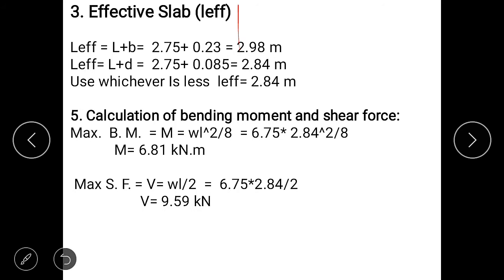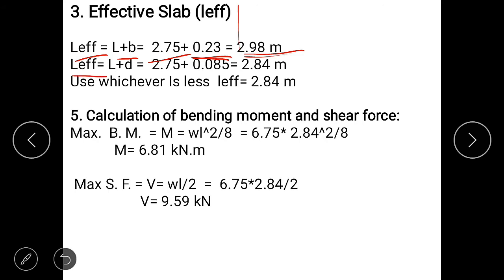The formula to calculate L effective is length plus B, where B means width of masonry wall. So length is 2.75 plus 230 mm thickness of wall, so in meter 0.23. So L plus B is equal to 2.98 meter.